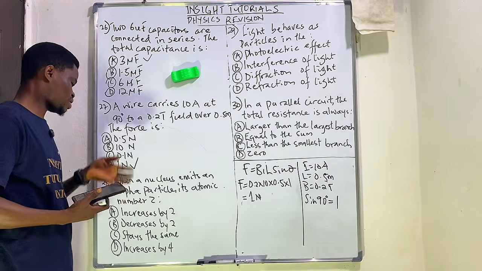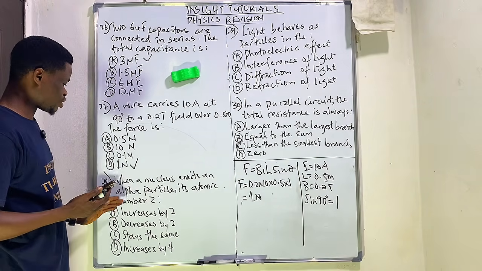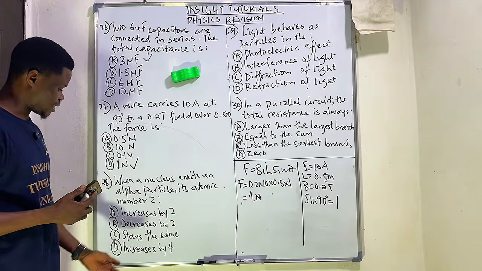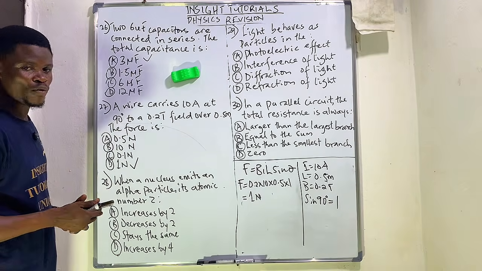All right, question 28 says, when a nucleus emits an alpha particle, its atomic number, A says increases by 2, B says decreases by 2, C says stays the same, and D says increases by 4.